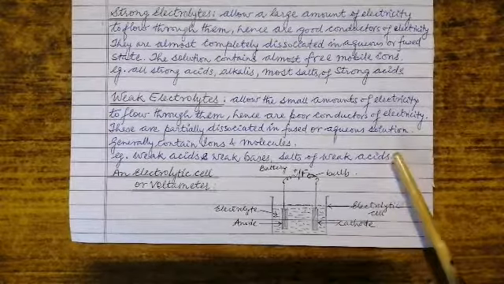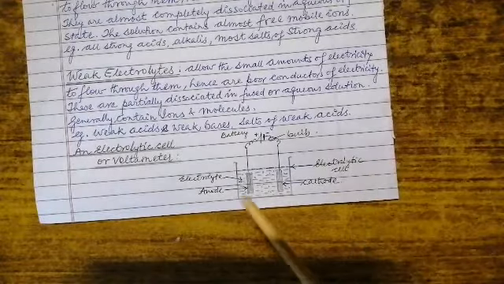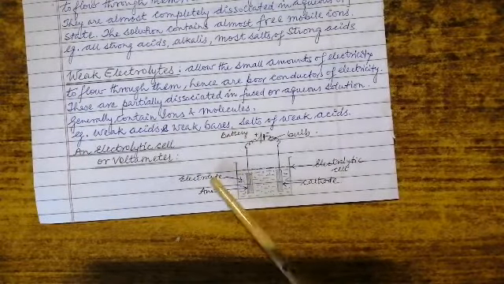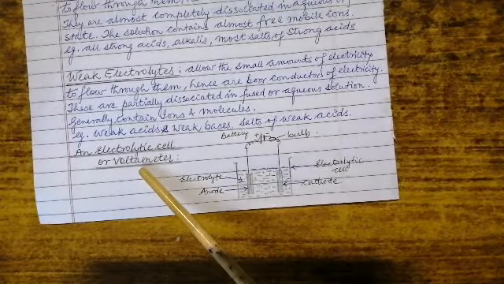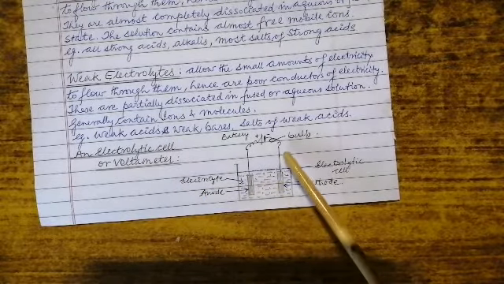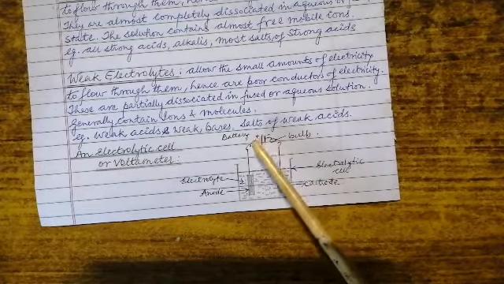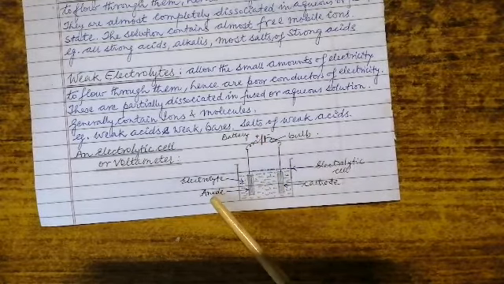Now, let us take a look at the electrolytic cell, which is also called a voltmeter. You see, there are two rod-like structures. The one that is connected to the positive terminal of the battery is called anode.